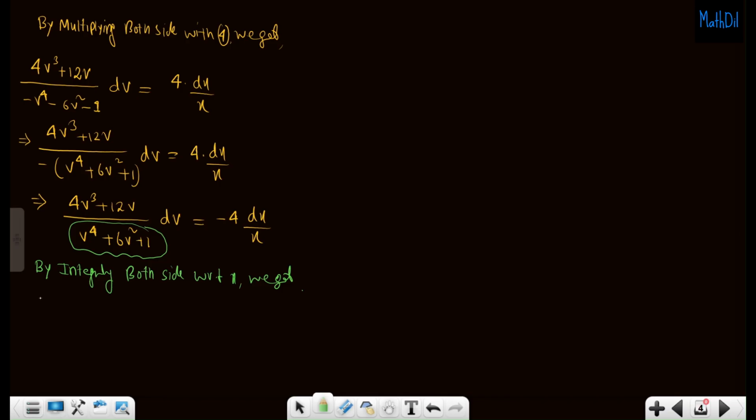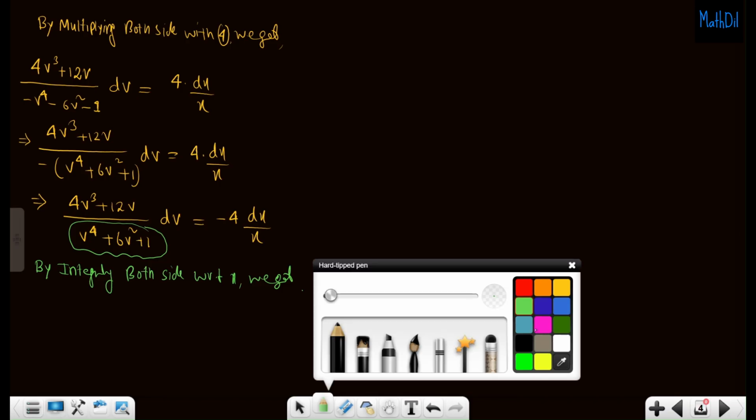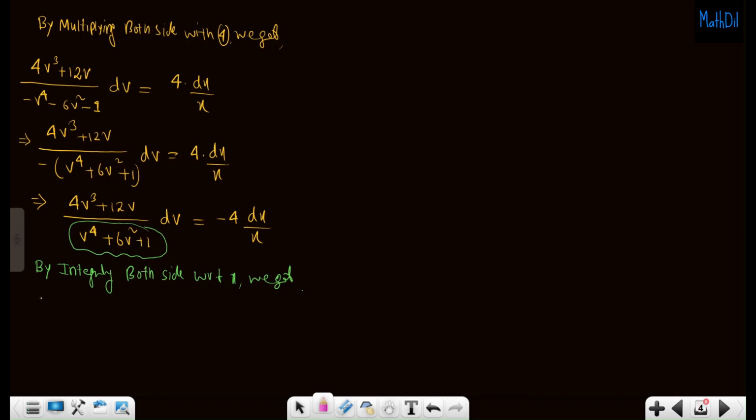We will get the integration of (b cube plus 12b) by (b to the power 4 plus 6b square plus 1) dv, it will be equal to minus 4, which is my constant, so it will be outside, equal to dx upon x, right? So now integrate it.